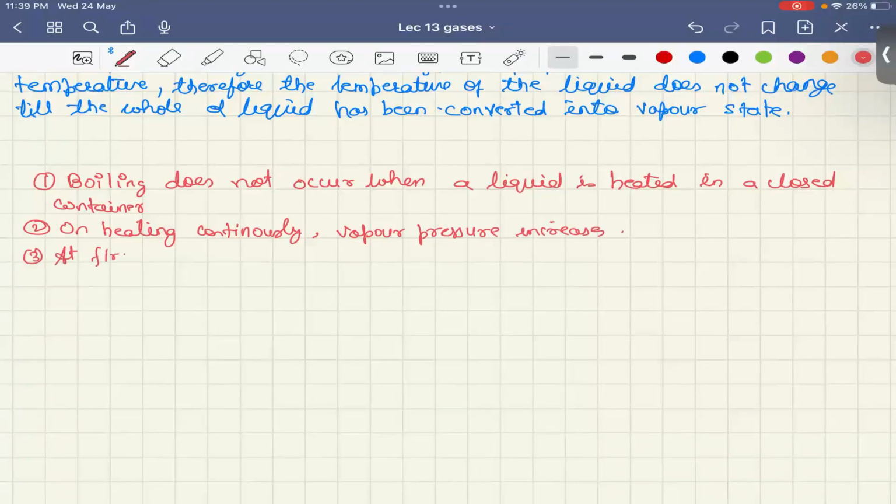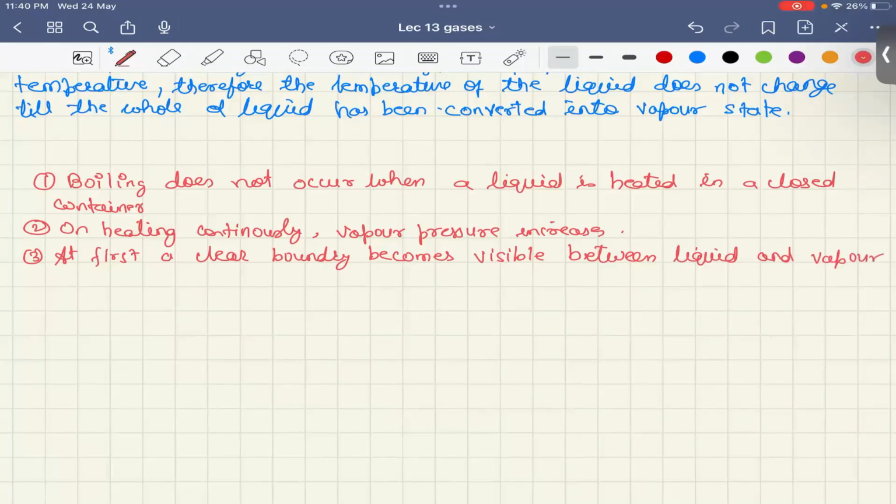At first, a clear boundary becomes visible between liquid and vapor phase because liquid is much more dense than vapor, right?